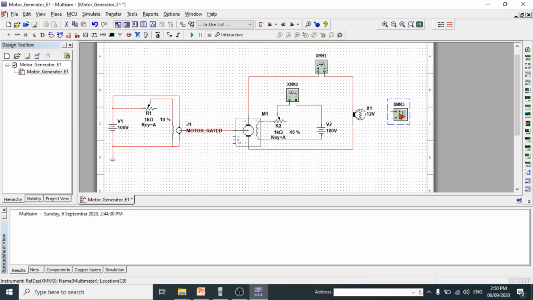Now we need to measure the voltage across the lamp. So we connect the voltmeter in parallel with the lamp.